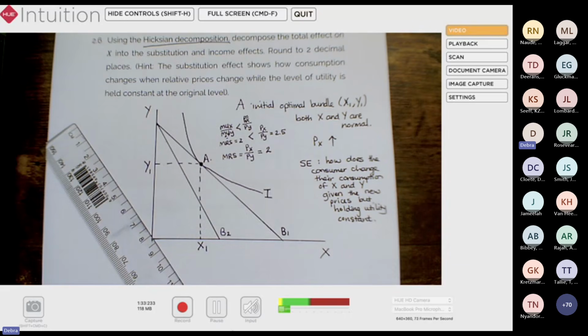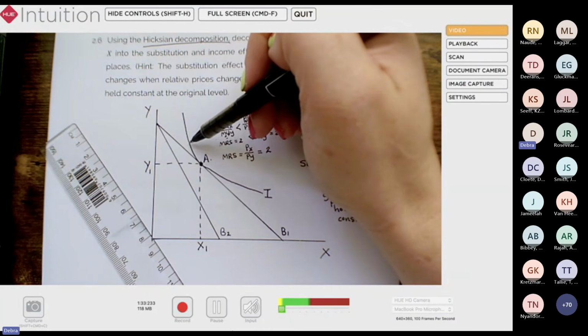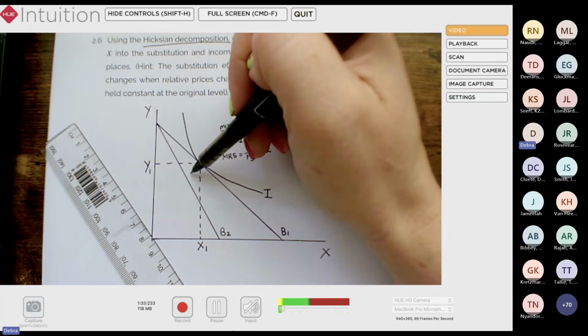I could get more utility per rand spent from consuming more Y than I get from consuming more X. So it makes sense then that I would move along my indifference curve in this direction, where I'm giving up X in order to get more Y.